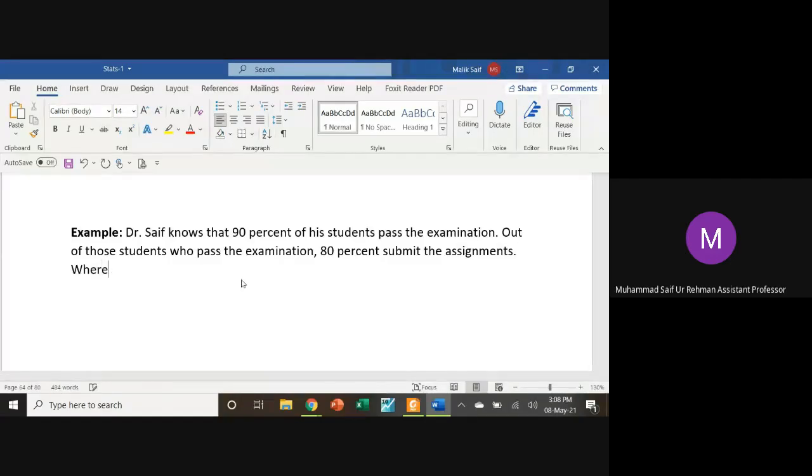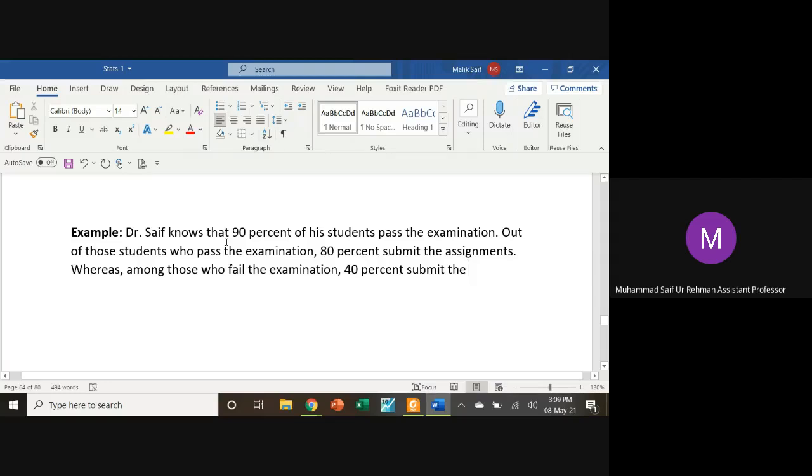Now see, whereas among those who fail the examination, 40% submitted the assignments.